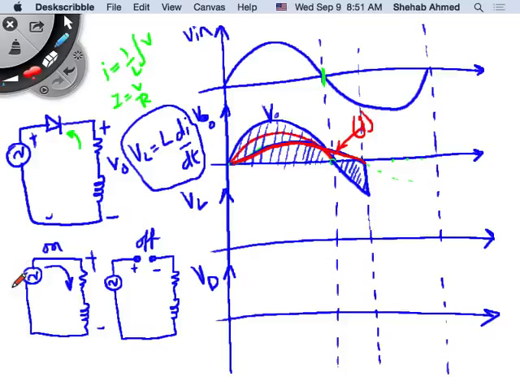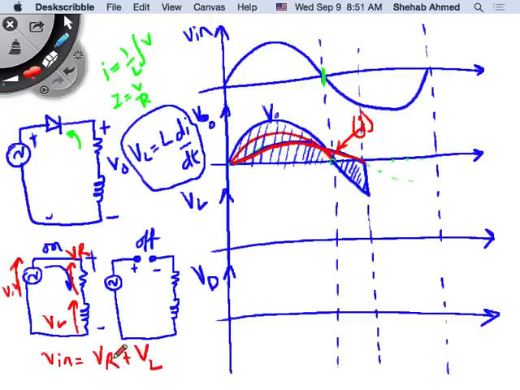Also, just to help you a bit more, this is V input, and this is current flowing, so this is VR, and this is VL. So V input is equal to VR plus VL.